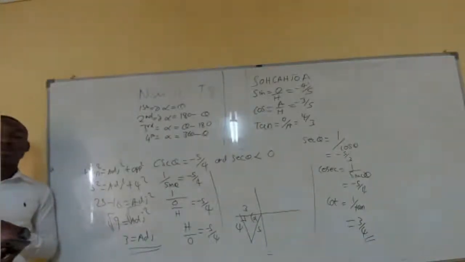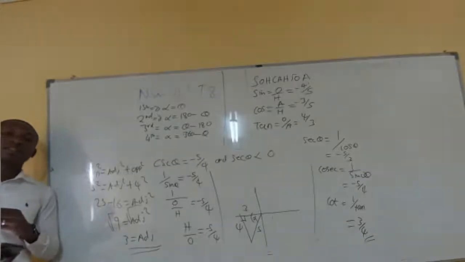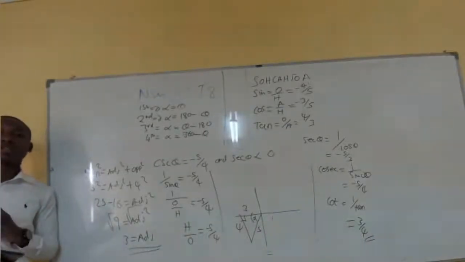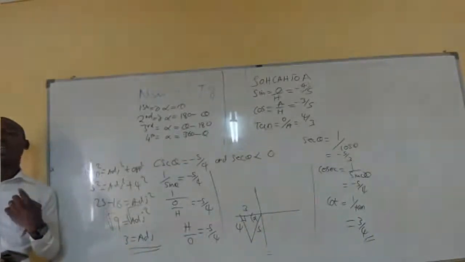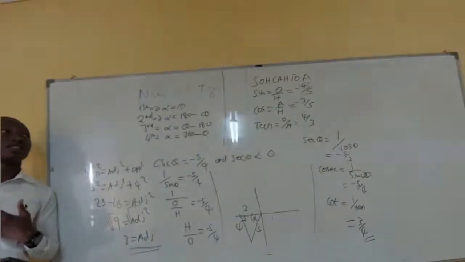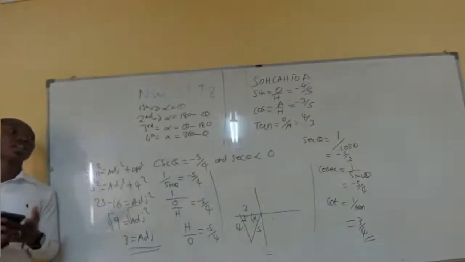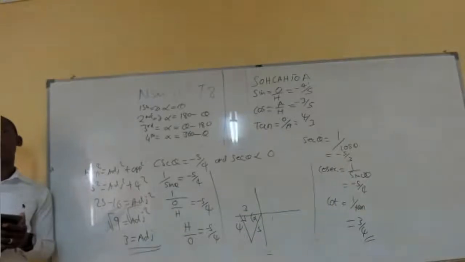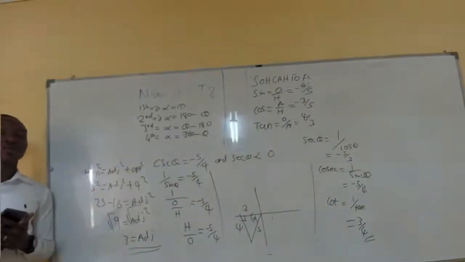The basic principles we needed for this question were the basic trigonometric identities: sine, cos, tan, and their reciprocals, sec theta, cosec theta, and cot theta.